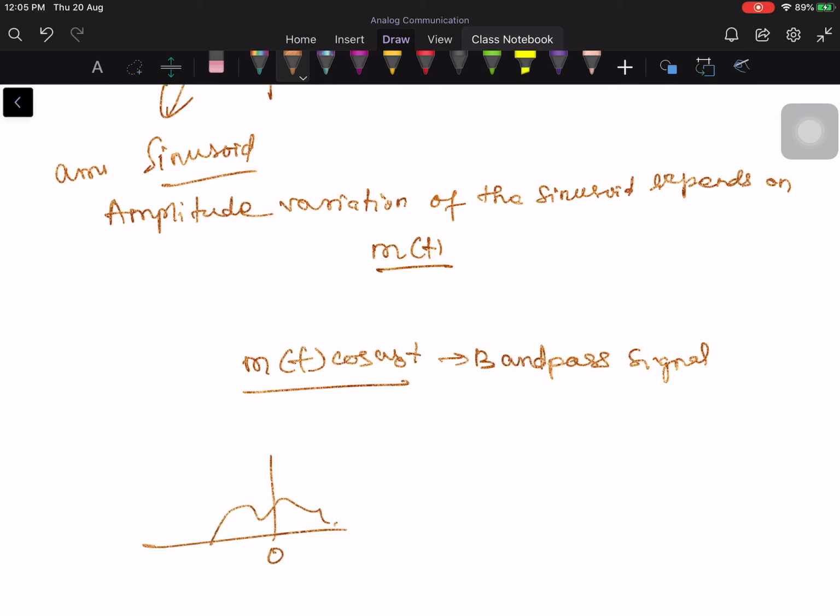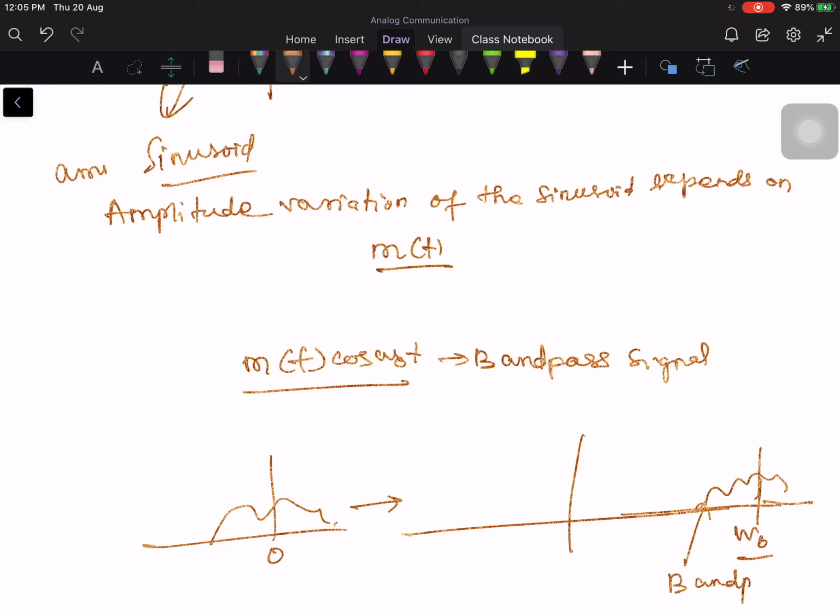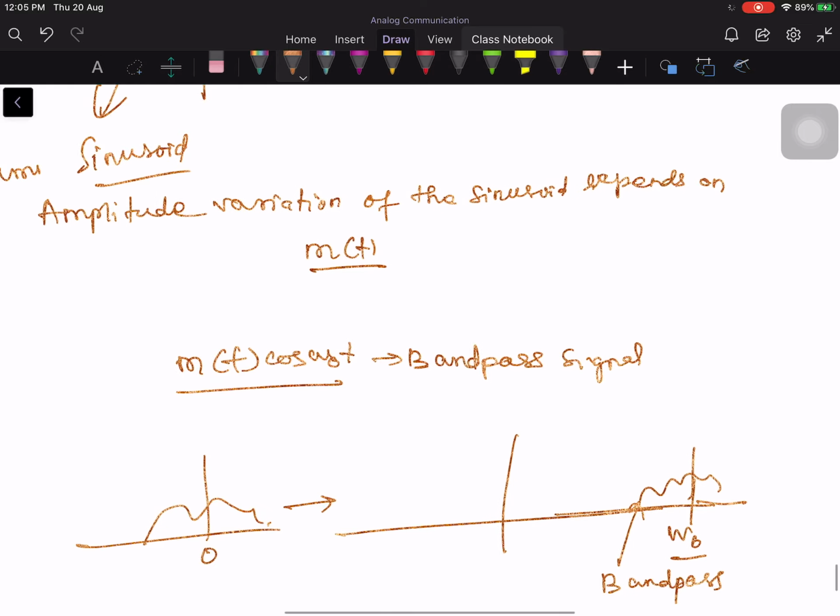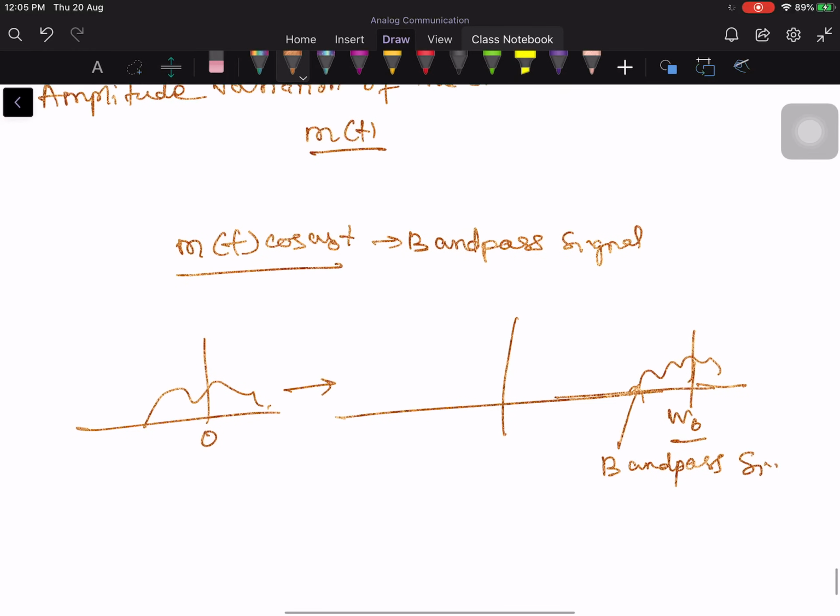The moment you multiply with the cos omega naught t, the spectrum is translated to the frequency with the center frequency of omega naught. Therefore the spectrum looks like this, right? So this signal is called band pass signal. It is no more low pass signal. So whenever you have this, a band pass signal is conveniently represented by using analytic signals and using Hilbert transform.